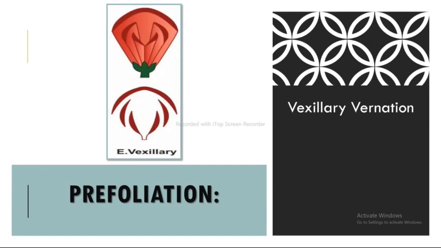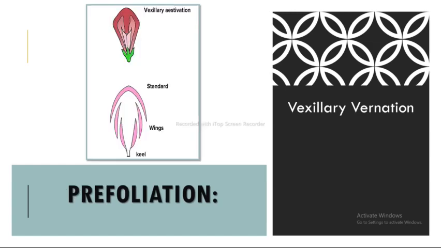And examples include the corolla of all flowers of the plants which are belonging to the family of Papilionaceae as shown in the figure. So again, this is the vexillary vernation. In vexillary vernation in plants, the largest petal, which is called the vexillum or banner, is placed on the top of the 2 lateral petals, which in turn cover the 2 smallest petals at the base.